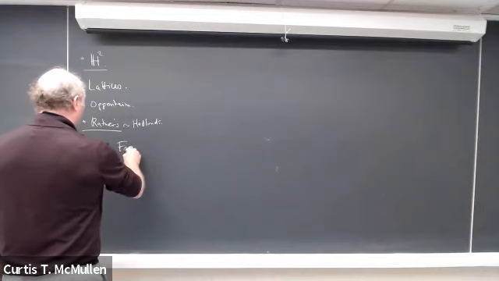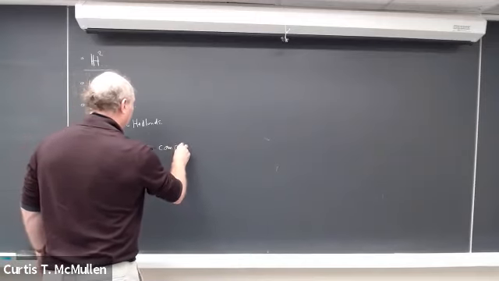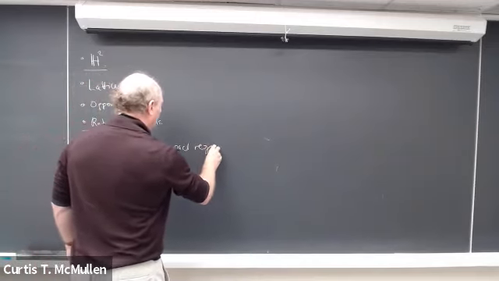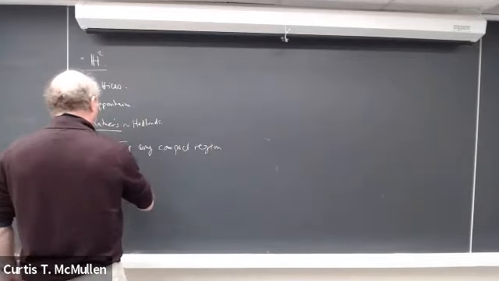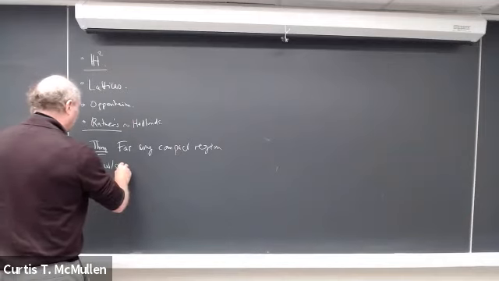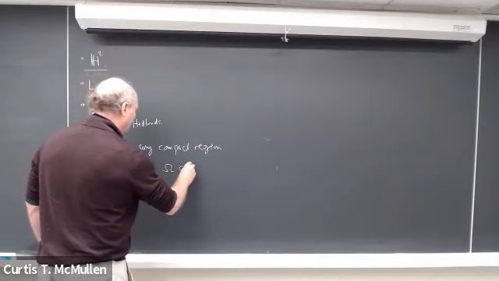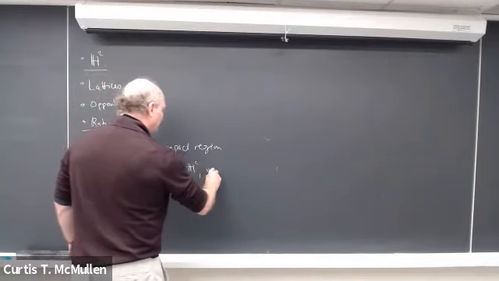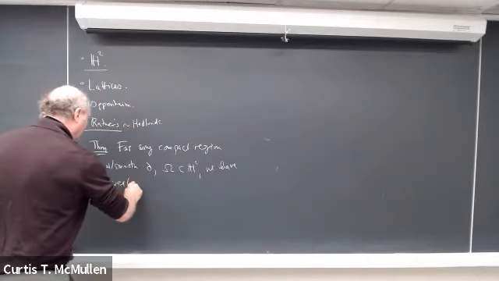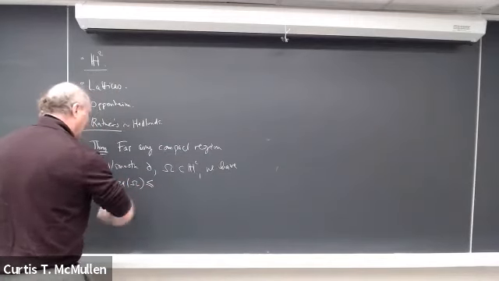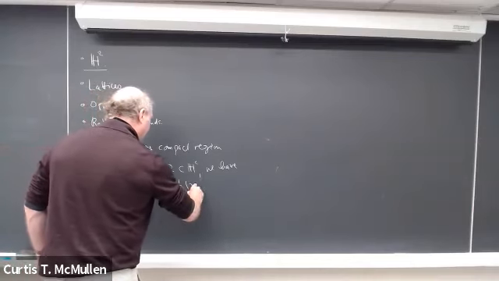It says for any compact region, by which I mean say an open set with smooth boundary, this is just for convenience, omega contained in H2, we have that the area of omega is less than or equal to the length of the boundary of omega.